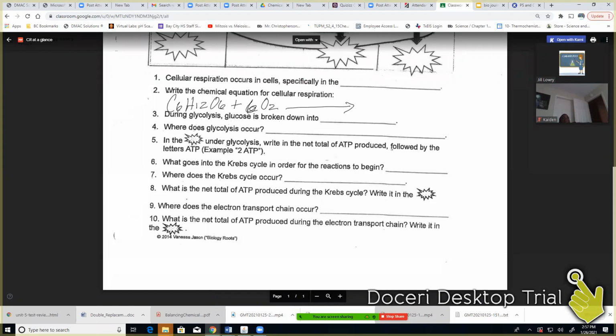That is a 6, not a G. Enzymes. And then we have 6 CO2 plus 6 water plus 36 ATP, and then some heat that is just kind of given off and wasted.